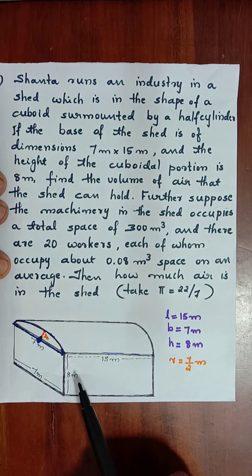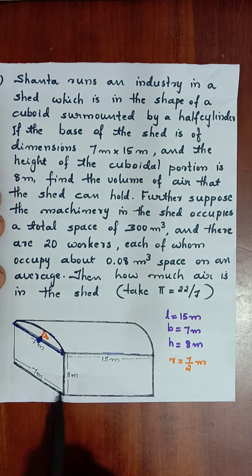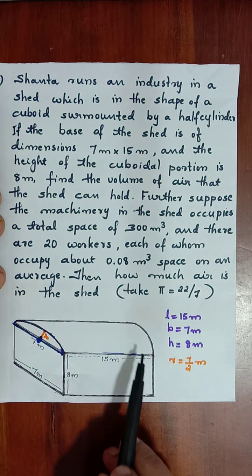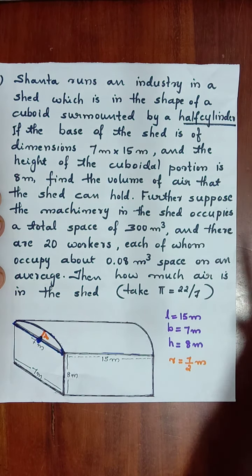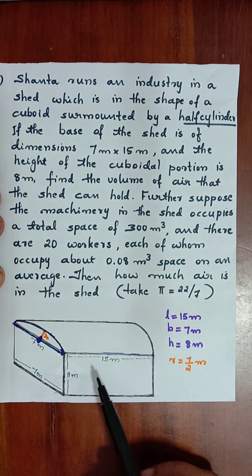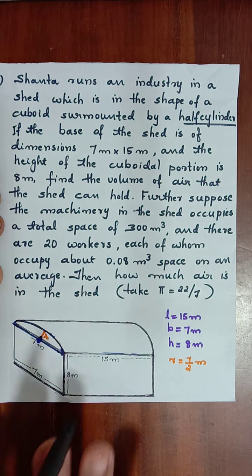Hope you understood the question. I will repeat once more. First we have to find out volume of this cuboid. Volume of cuboid is LBH plus volume of half cylinder. Half cylinder's volume is half of pi r square h. That will be the total volume.